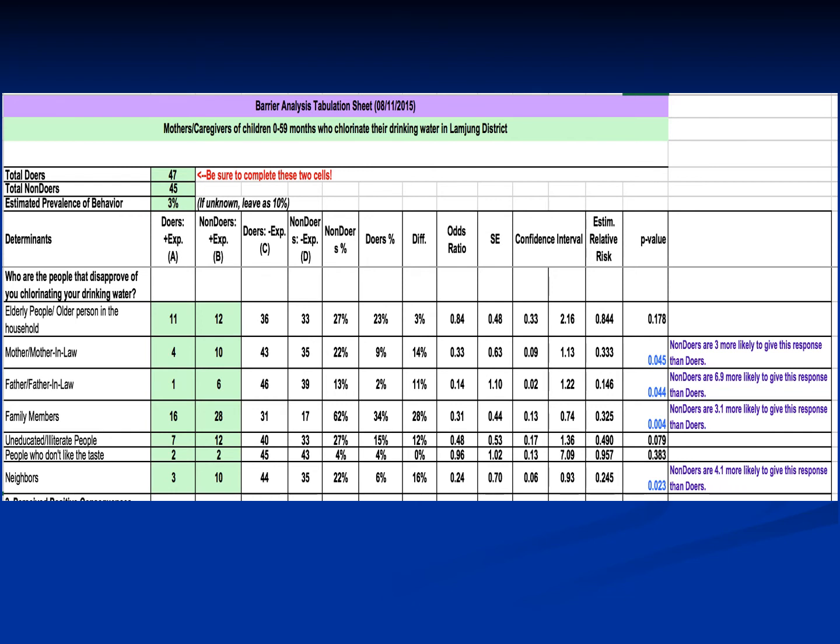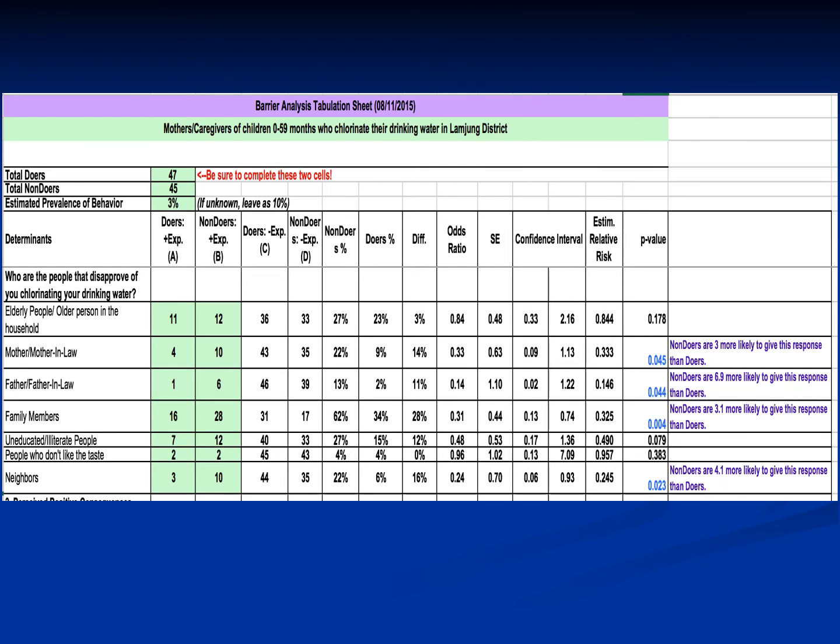For example, this was a behavior analysis study on mothers of preschool children who chlorinated their child's drinking water. And note that when asked about social norms, who disapproved of chlorination, they also ask who approved of it. The non-doers, those who don't chlorinate, were 3 times more likely to say that their mother or mother-in-law disapproved, and 6.9 times more likely to say that their father or father-in-law disapproved.